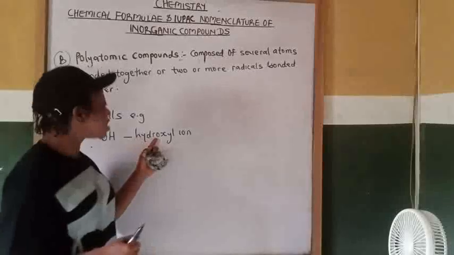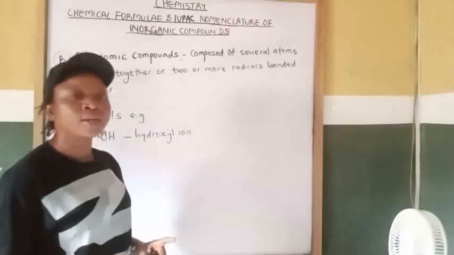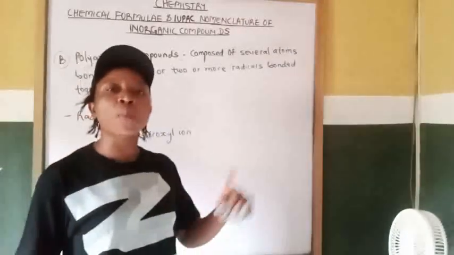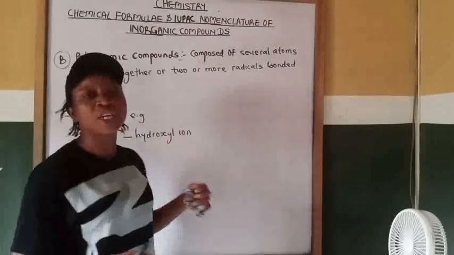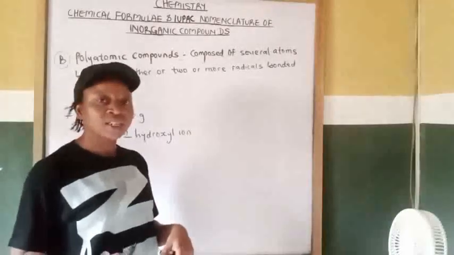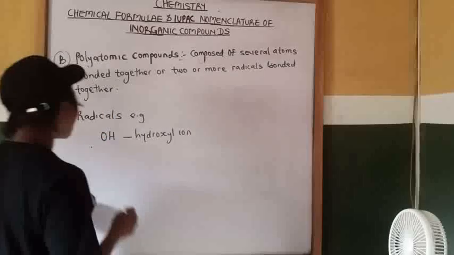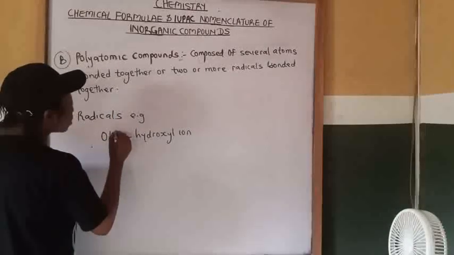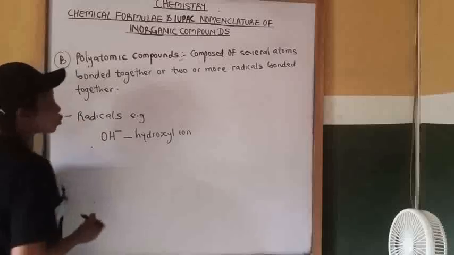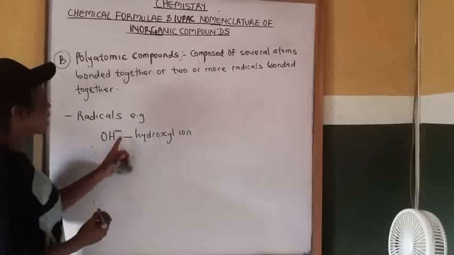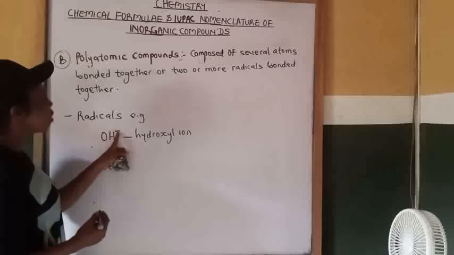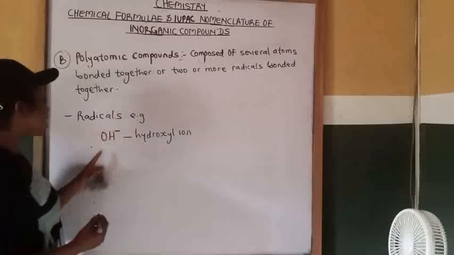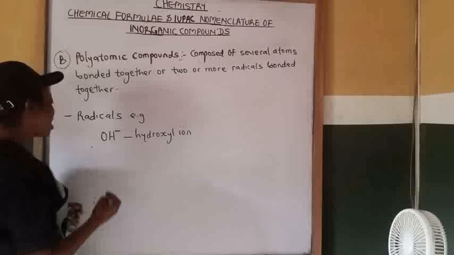When hydroxyion is bonded with another positive ion, the hydroxy will change to hydroxide. Then the charge on it, because it is an ion, you have to put a negative charge. I explained how to derive the number of charge on radicals in my last video.